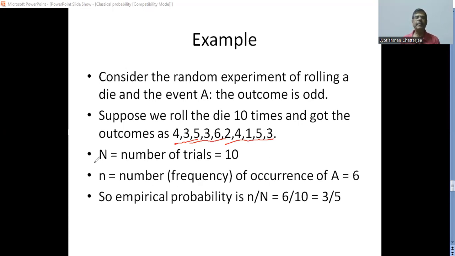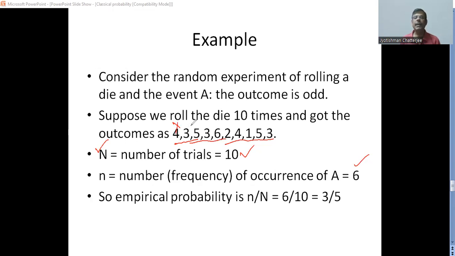So suppose this is the outcome I got. In this case, what is my capital N? Total number of trials is equal to 10. And what's my small n? The total number of occurrences of event A, in other words, the frequency of event A, is equal to 6. Because let's observe which outcomes satisfy A. First outcome was 4. A was not satisfied.